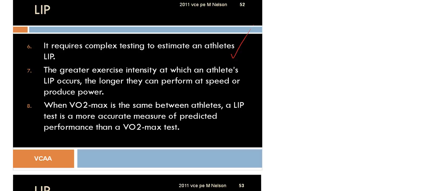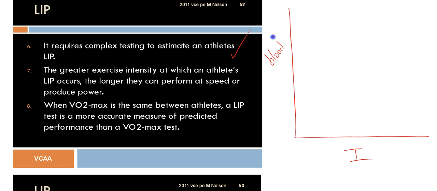The greater the exercise intensity at which an athlete's LIP occurs, the longer they can perform at speed or produce power. So if we've got two athletes, so this is intensity, blood lactate.